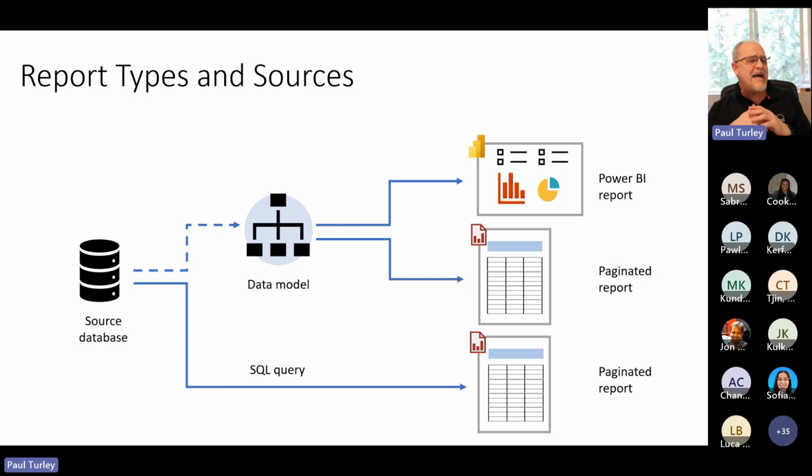But if you have transactional details, big wide tables with a lot of text, that stuff may not fit very well into a semantic model. So this is where we have a decision point. Do you put all of the data that you need into a data model published as a Power BI dataset and then use that for your paginated report data source?